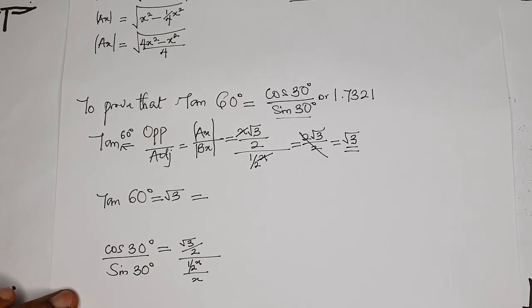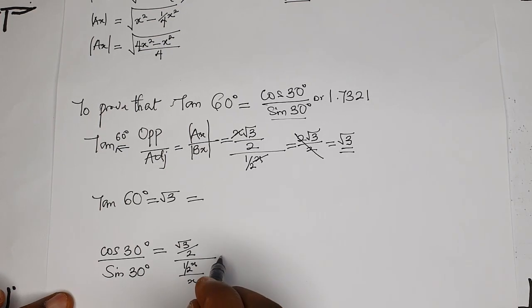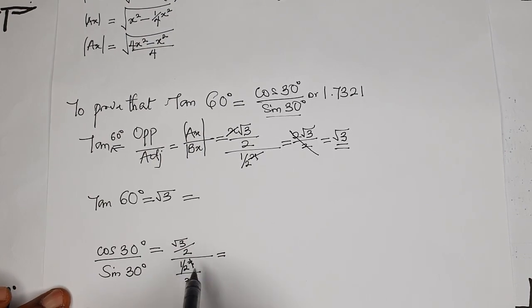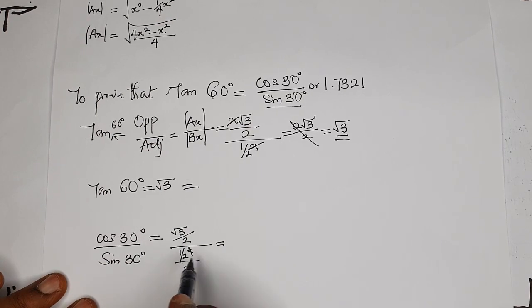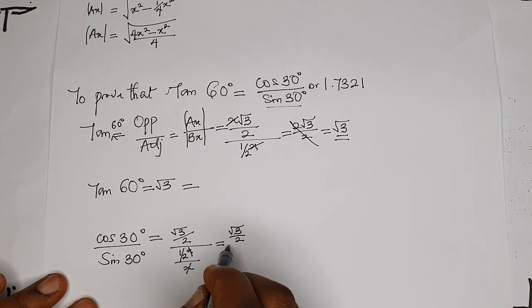So this has to be simplified. The numerator is already known. What about the denominator? Watch here. On the denominator, which is the same thing as sine 30, I can easily cancel out the x on the denominator of the denominator and the x on the numerator of the denominator. So I'm left with root 3 all over 2 upon 1 all over 2.